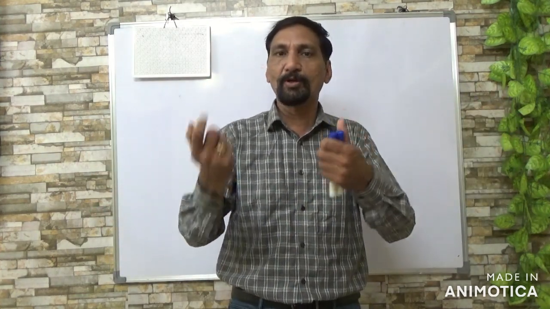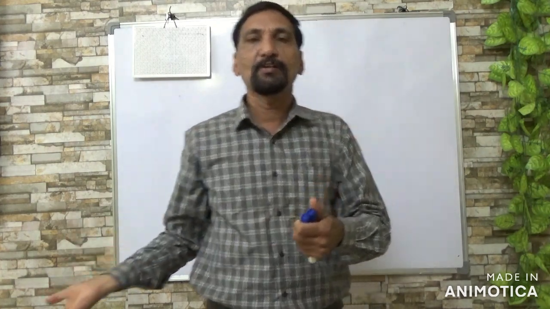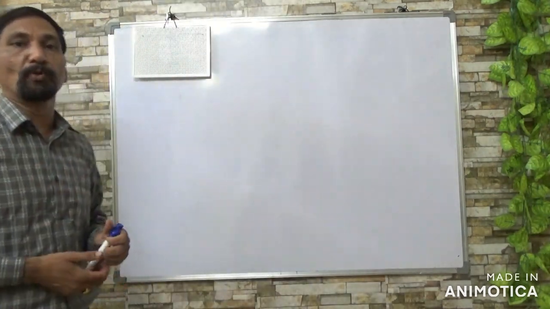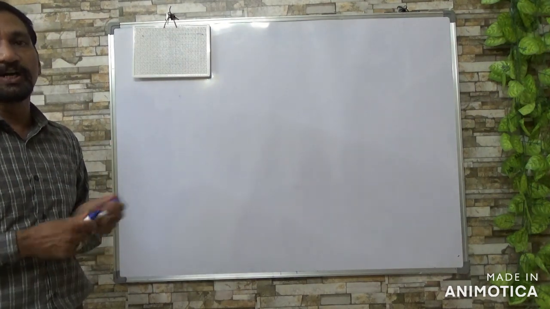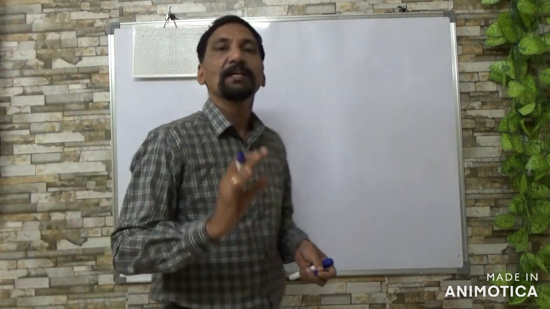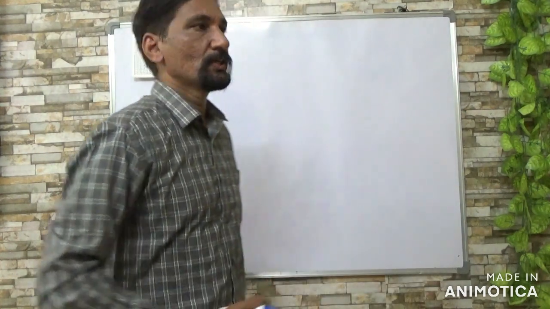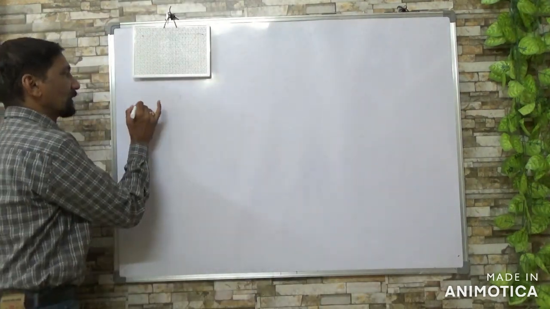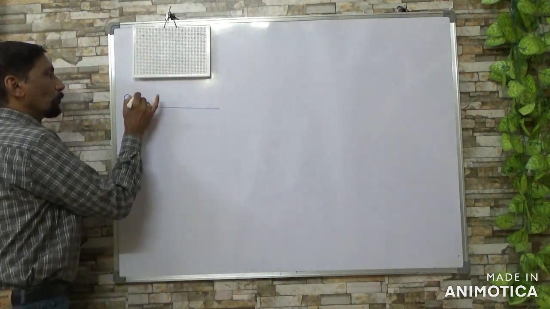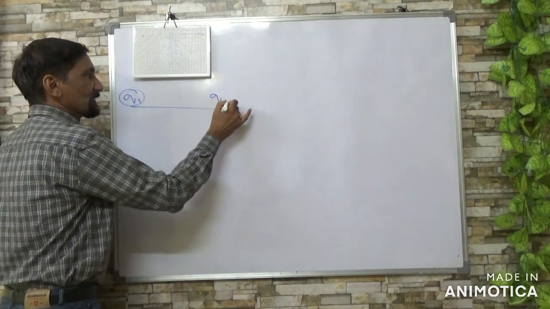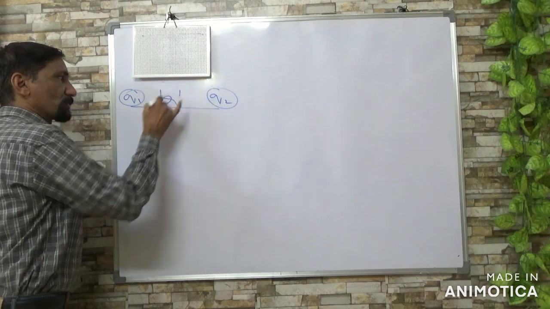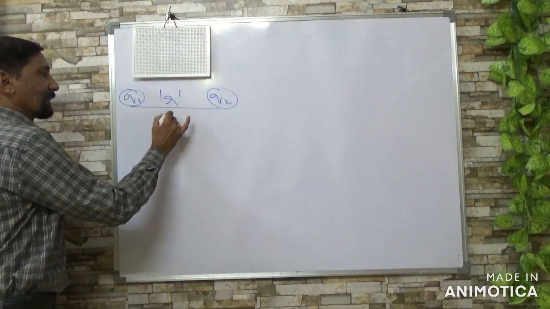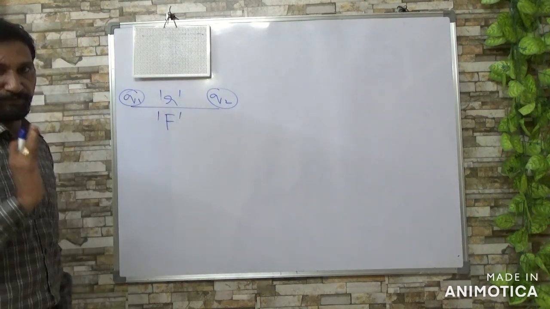So whenever you bring them together, electrons will transfer from one body to the other. How long will it transfer? Till both gain equal charge, that is the average charge. So this is the given question. There are 2 point charges, say Q1 and Q2, separated by a distance R. What is the earlier force between them? F.